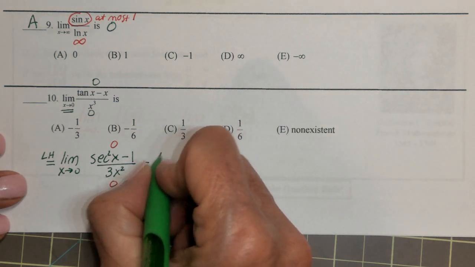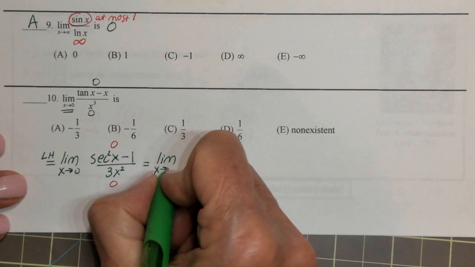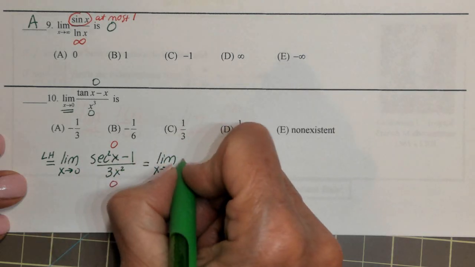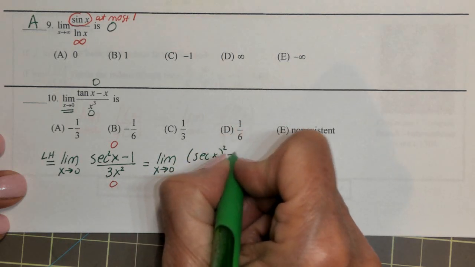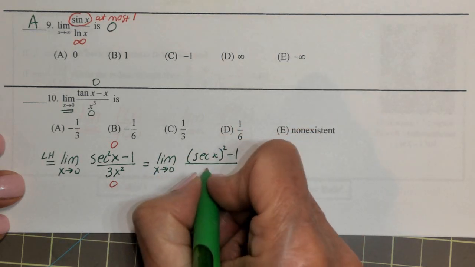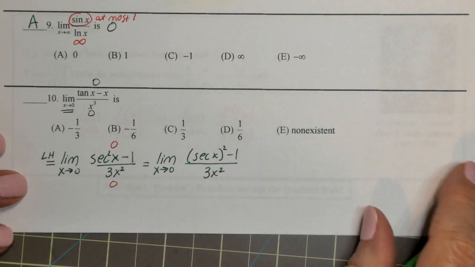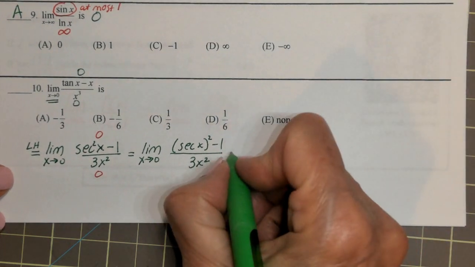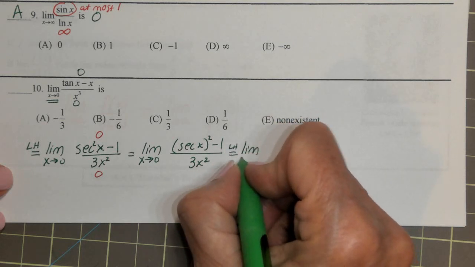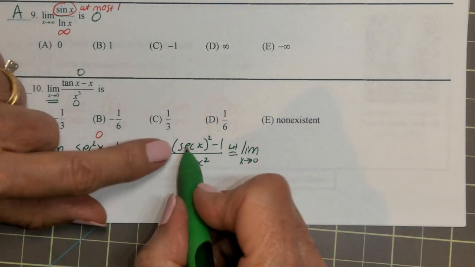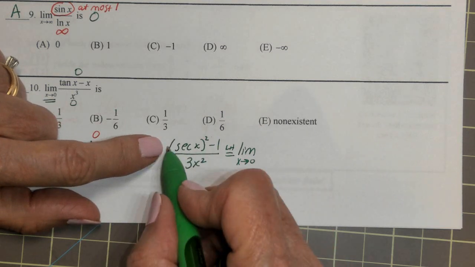Now, I am going to rewrite secant squared x as secant x, squared. So all I'm doing is rewriting right now. I'm not applying L'Hopital's yet. Now I'm going to apply L'Hopital's rule. The derivative of secant x squared, got to chain rule this.